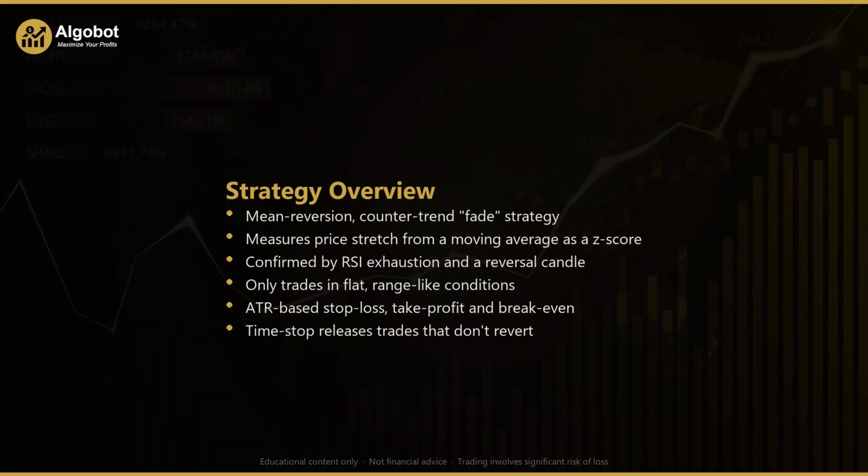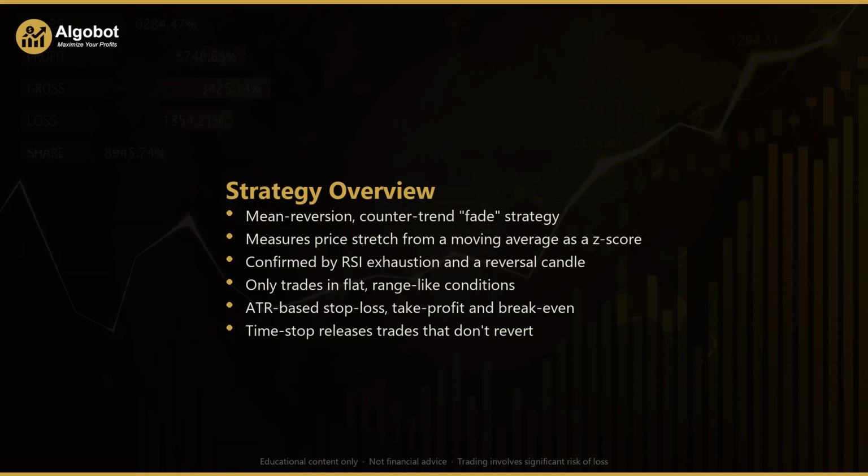The strategy then measures how far the current close sits from that average, but it doesn't measure that distance in raw price. It measures it in standard deviations, and that measurement is called a Z-score. A Z-score of 2 means price is 2 standard deviations away from its mean, which is statistically a fairly extreme stretch. By default, the strategy becomes interested once the absolute Z-score reaches 2.